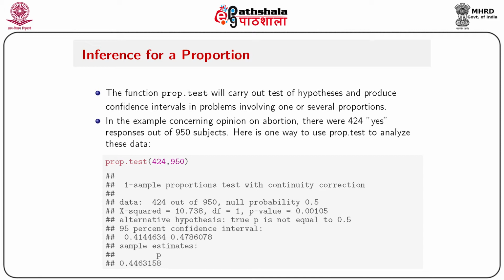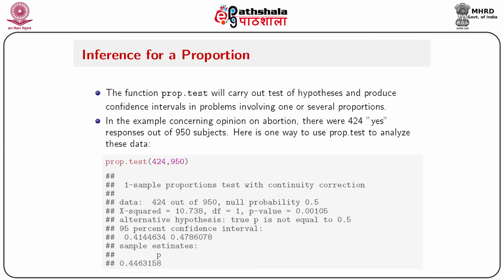There is a function called prop.test, where you can pass the number of successes and n, that is 424 and 950. 424 is the number of successes and 950 is the total number of trials. So the results are displayed here: a one-sample proportion test with continuity correction.